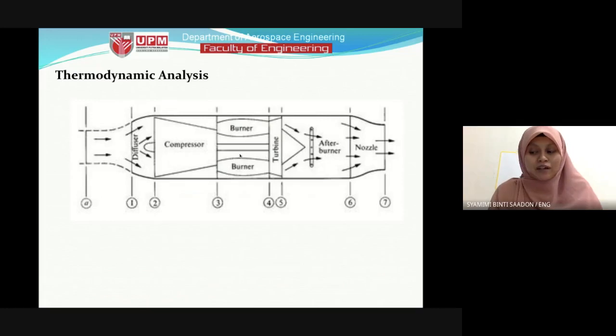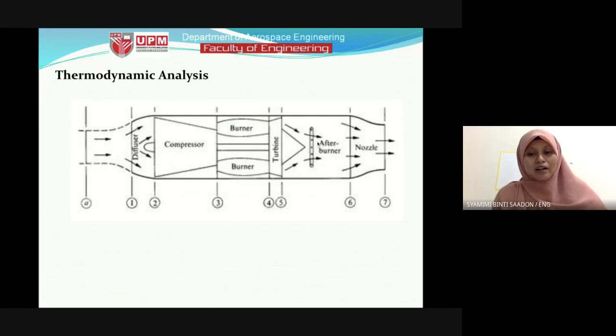In the ideal case, we suppose the pressure is constant in the burner, but in the real case we normally have a slight pressure loss during the combustion process. The temperature, of course, will increase because we heat up, mixing the air, the oxygen, with the fuel. Then the turbine, expansion, reduces pressure and temperature.